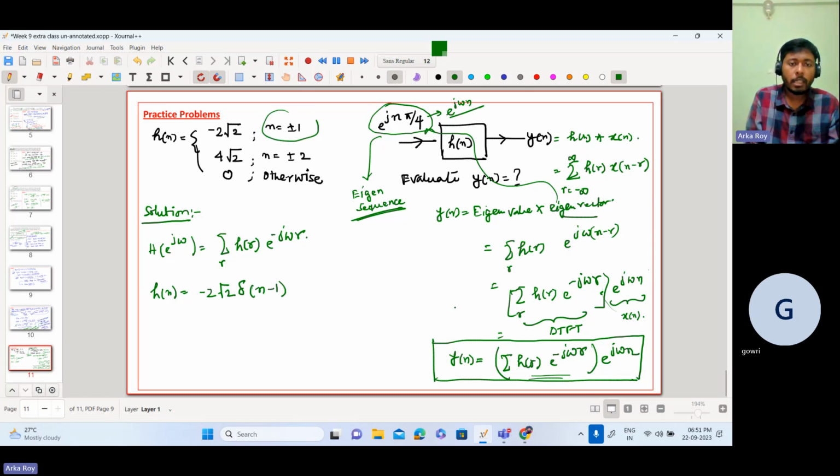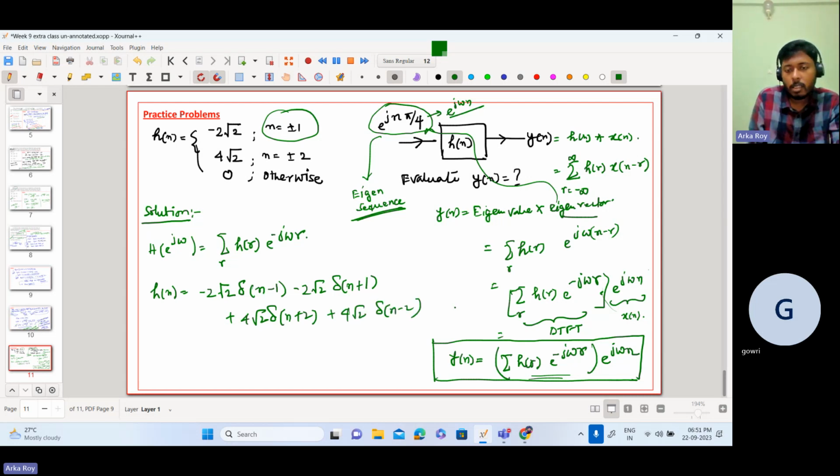This is basically lying at two positions, plus 1 and minus 1. I have written the component residing at plus 1, and then I can take the contrary position n plus 1 like this. Similarly, 4 root 2 delta n plus 2 and 4 root 2 delta n minus 2.